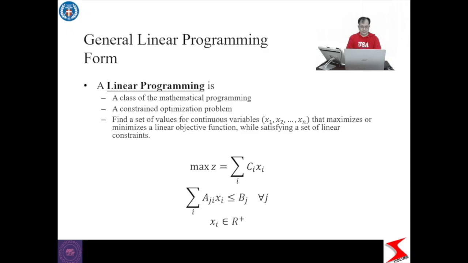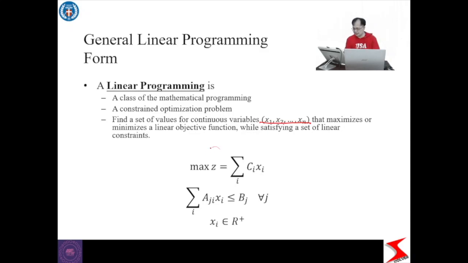Linear programming is a constraint optimization problem, which means in the problem there are a lot of different constraints. The purpose of linear programming is to find a set of values for continuous variables x1 to xn that maximize or minimize a linear objective function, while satisfying a set of linear constraints.